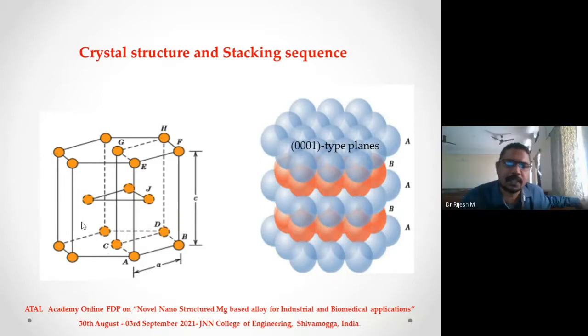So if you look at this crystal structure, the problem is you will not have a plane where the dislocation can easily glide. If you look at the stacking sequence of an HCP structure, you can see the atoms in the form of A and B, it goes like that. There are only a few active planes, not like an FCC structure where you have plenty of planes.